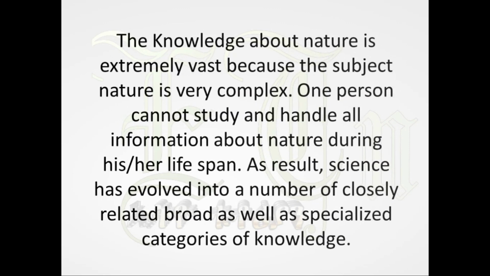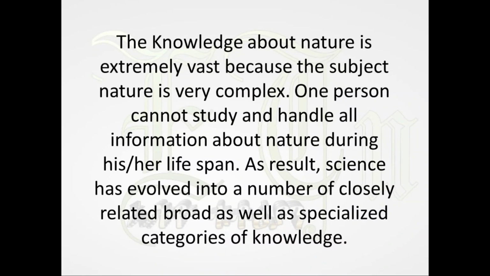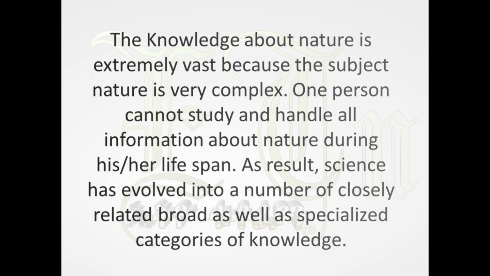The knowledge about nature is extremely vast because the subject nature is very complex. One person cannot study and handle all information about nature during his or her lifespan. As a result, science has evolved into a number of closely related broad as well as specialized categories of knowledge.